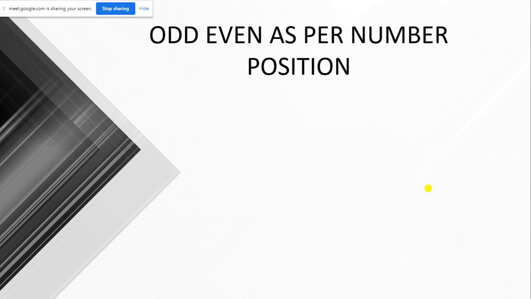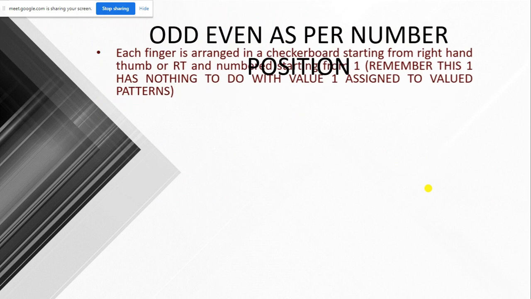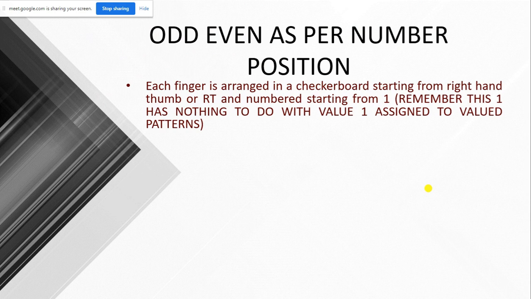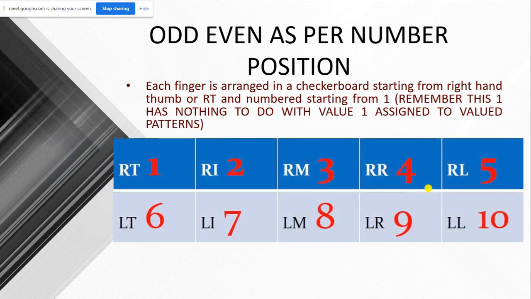So there is something called odd and even in the primary classification system, based on which you place the values above the classification line and below the classification line, that is, in the numerator and in the denominator. Each finger is arranged in a checkerboard, as you can see on the screen, starting from the right hand thumb or the RT and numbered starting from 1.